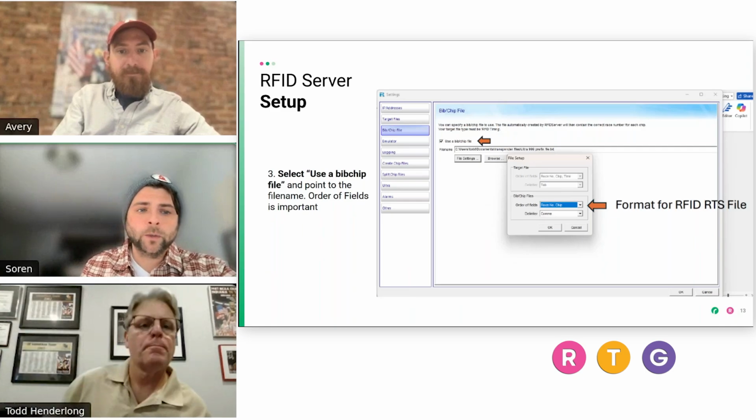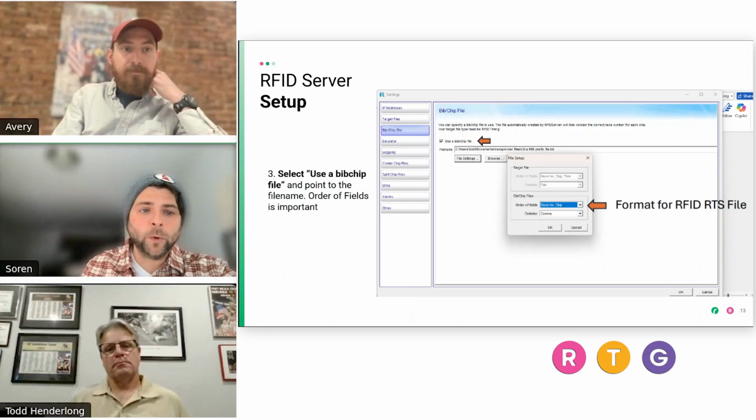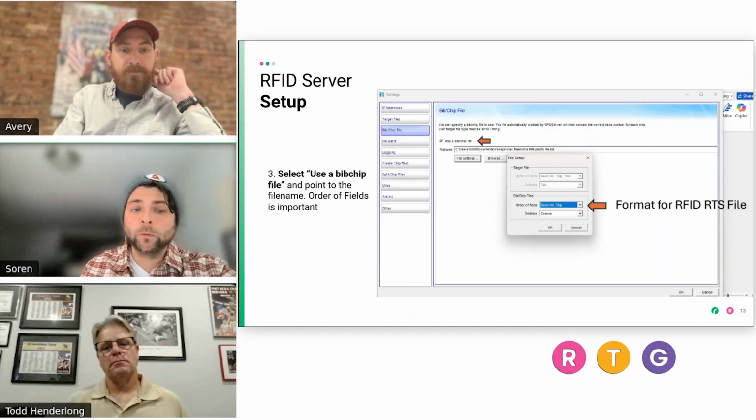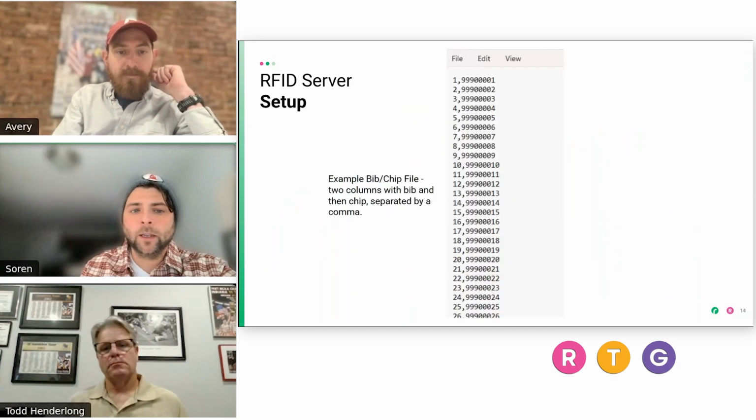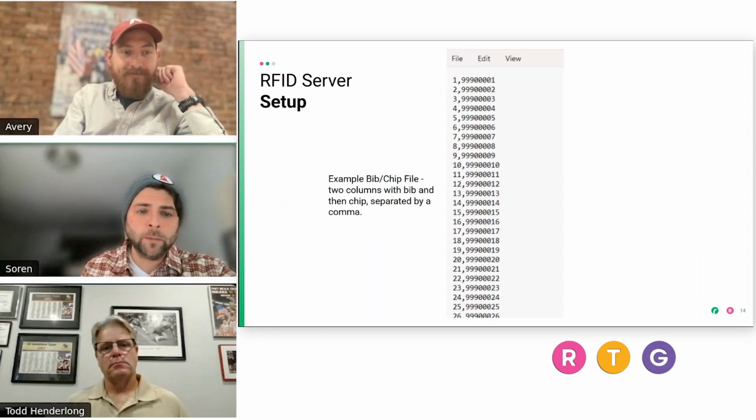So you'll select use a bib chip file and point to that file name. Order of fields is important here, so do keep that in mind. This is an example of a bib chip file. This might jog your memory if you were not remembering that in those first couple slides. But bib chip file, 2 columns, bib and then chip separated by a comma.